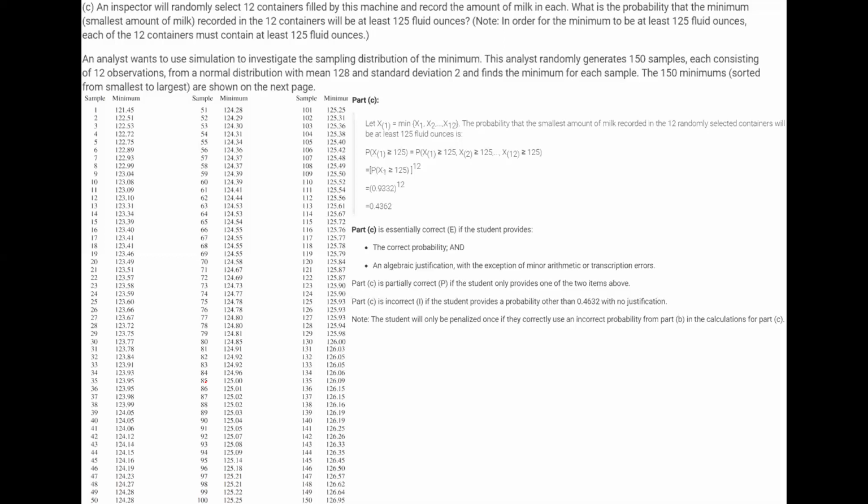Let me look at this. I feel like that graph wasn't really necessary. Let's see, 150 minus 66. So, okay.